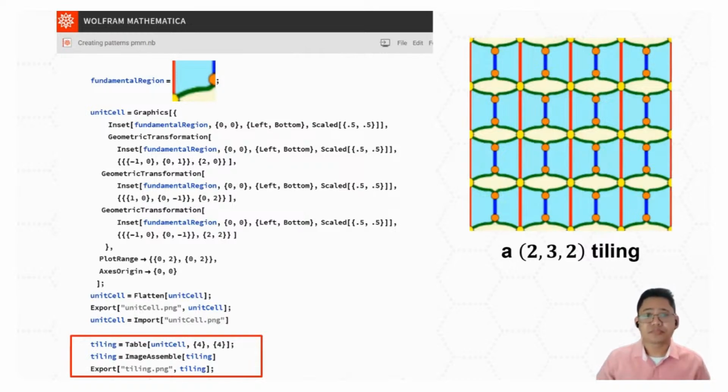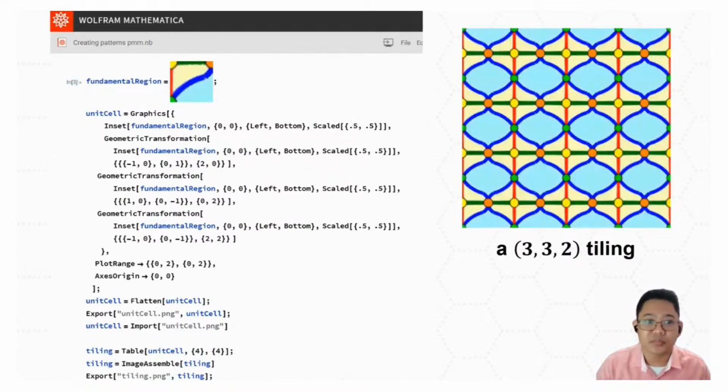Okay, now what's good about this is that now that you have this particular code, you can simply replace your fundamental region with any fundamental region that you want. For example, I replace it with this particular configuration of vertices and edges, and then I am able to create this different tiling here, which is a 3-3-2 tiling. It has three types of vertices, three types of edges, and two types of tiles.